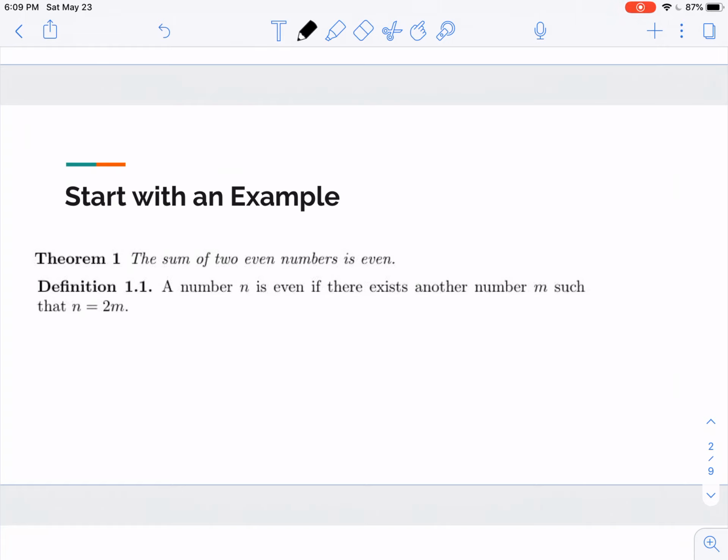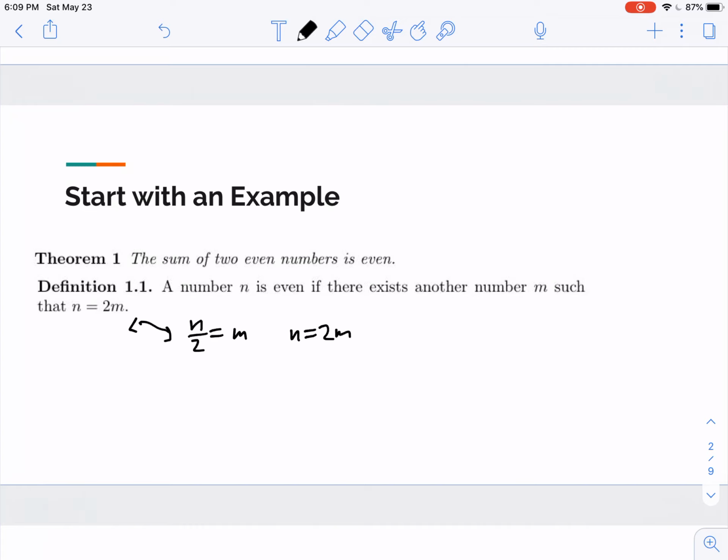So for me, a number is even if you divide it by 2 and you get another number. So n is even if n divided by 2 is some other number m. And this is exactly what we're saying here, because you can just multiply both sides by 2 and you get n equals 2m. These are equivalent statements. One is true exactly when the other one is true.